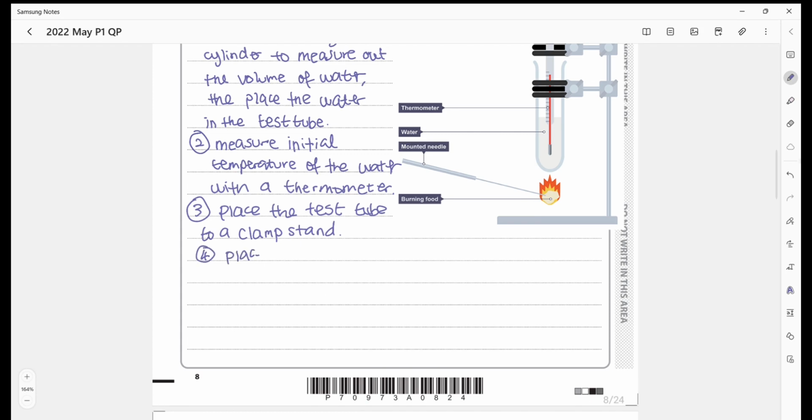So place the food on the mounted needle, and then we would burn it with a Bunsen burner.